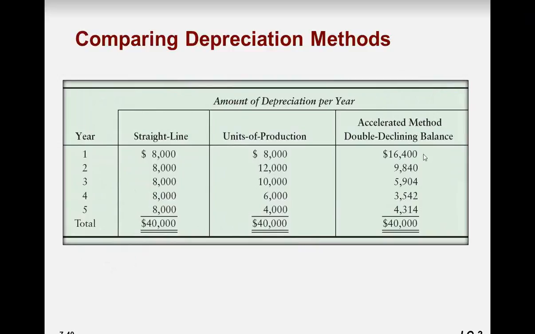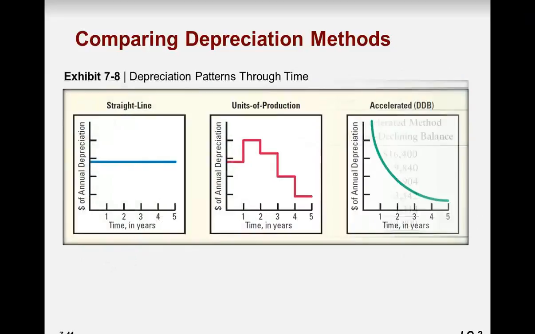So again, you can see why if it's generating more revenue in year one that we may want to use the accelerated method in order to keep our net income down and maximize our tax benefits from that. Also keep in mind that tax depreciation for income tax purposes is different than book depreciation, and that's why if you're keeping the books for a company, you may have an account called deferred income tax payable because you are postponing paying that income tax.